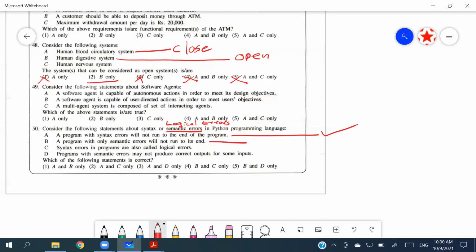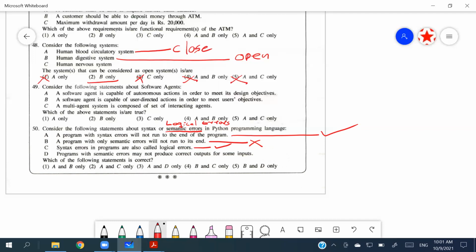Now that is going to be a wrong one, because when it has logical errors, it won't cause any errors to stop the program. It will run to the end. The only thing is it's not working properly, right? Syntax errors in programs are also called logical errors. So that can be taken as a correct one.